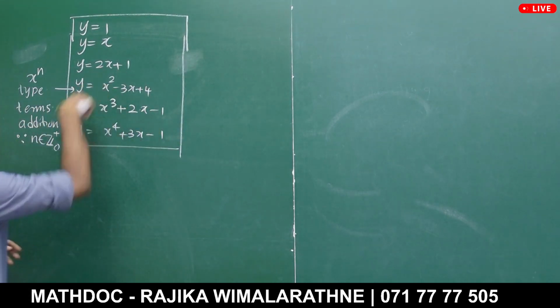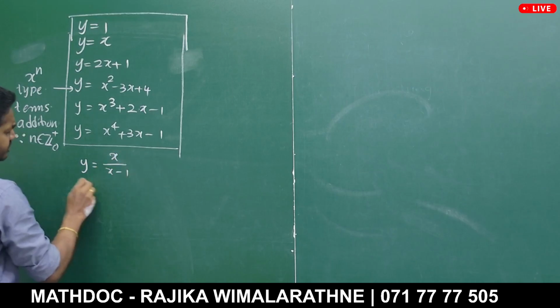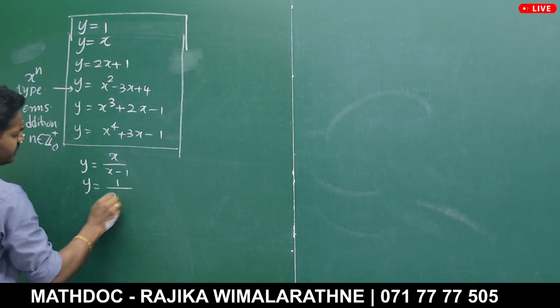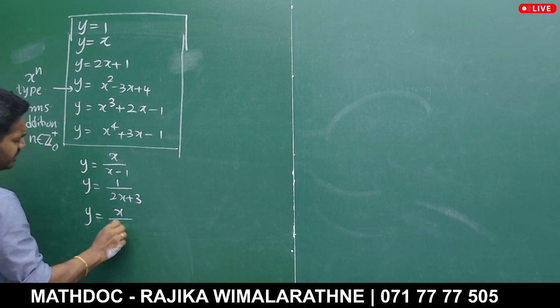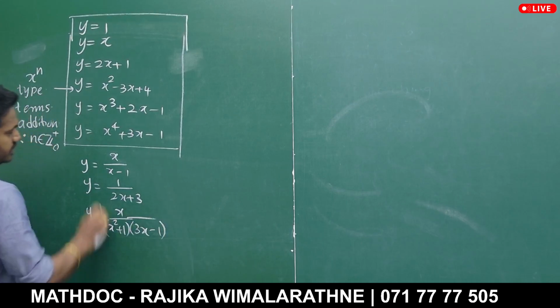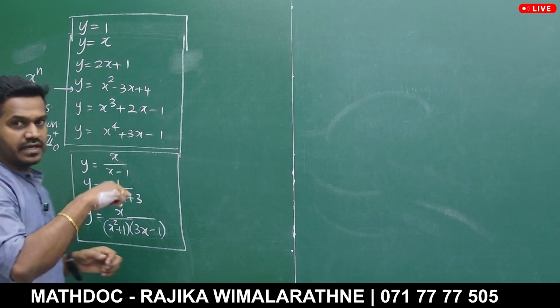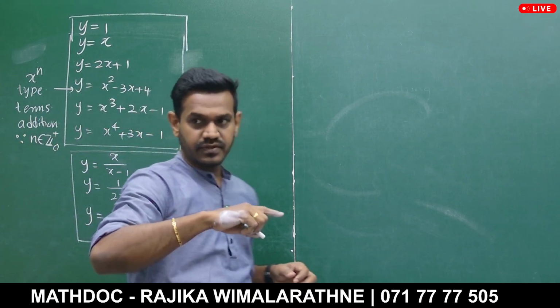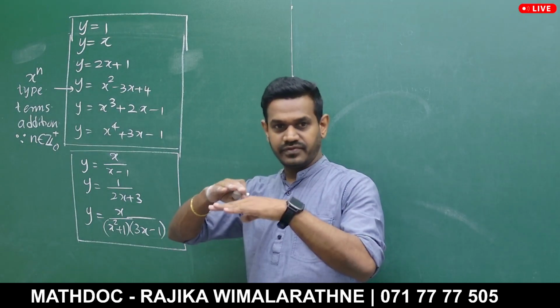Now the next group: y equals x over x minus 1, y equals 1 over 2x plus 3, y equals x over x square plus 1. You have seen them, no? Here when we consider upstairs we have polynomials, and downstairs we also have polynomials, but anyway we have division.